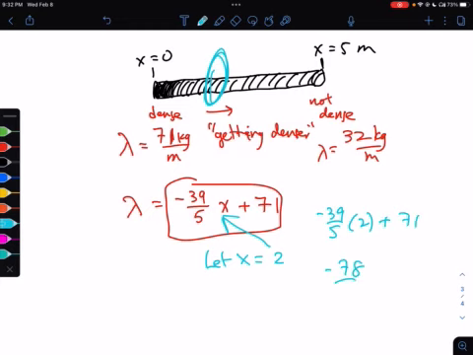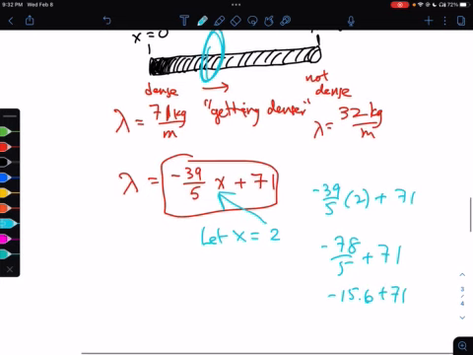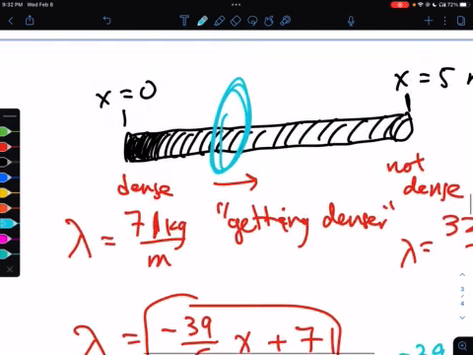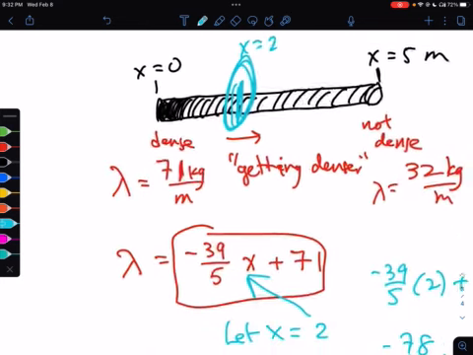Negative 78 fifths plus 71. 78 divided by 5 is 15.6. And then you're adding 71. Okay, so I think it is 55.4, if I'm not mistaken. And that's the density at this blue location, x equals 2.